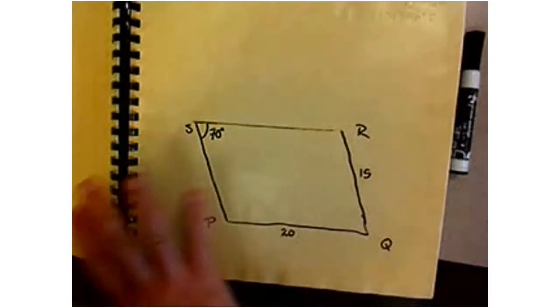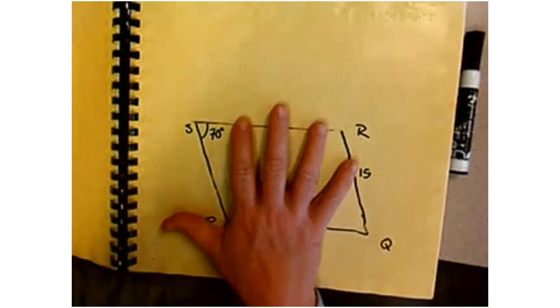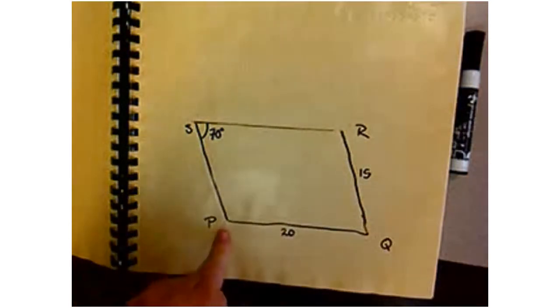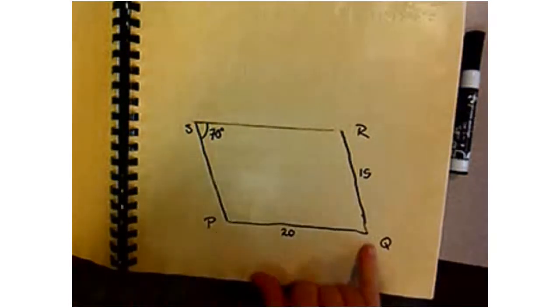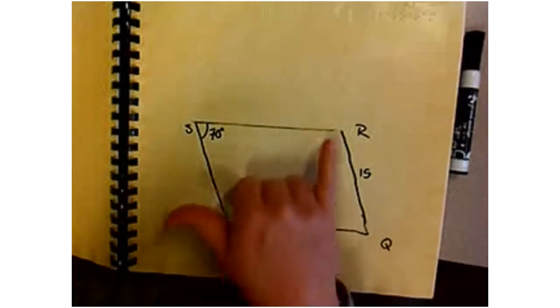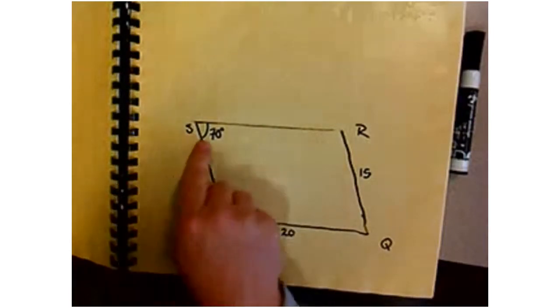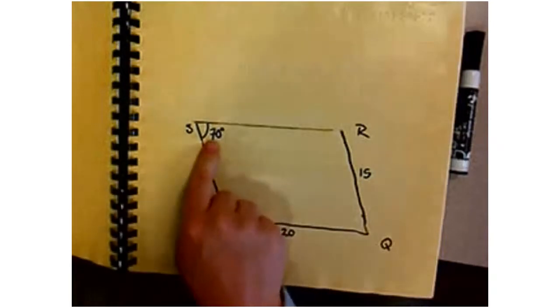So we could figure out all the missing stuff about this parallelogram just knowing that information and using our theorems. We have a parallelogram. P is bottom left, Q is bottom right, R is top right, and S is top left. At vertex S, they're telling us that that is 70 degrees.